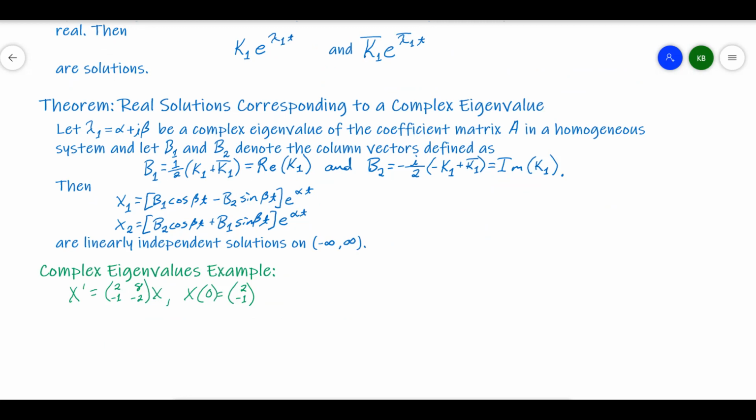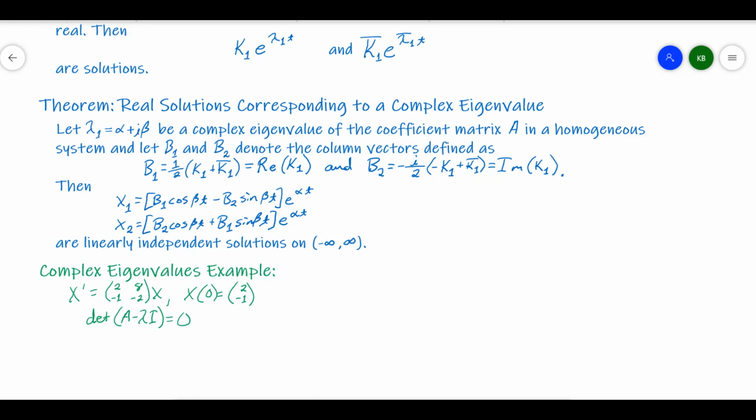Alright, so we're going to take a look at this differential equation. It's an initial value problem, so I have my initial condition as a vector there given. And I need to first find our eigenvalues. So we're going to be taking our determinant of A minus lambda I and setting it equal to 0.